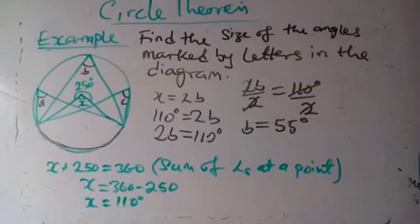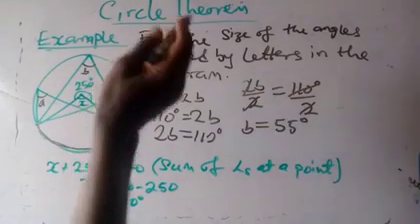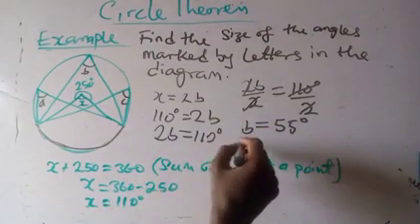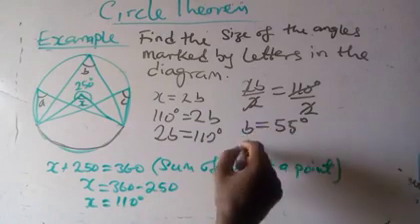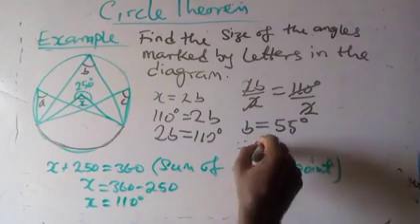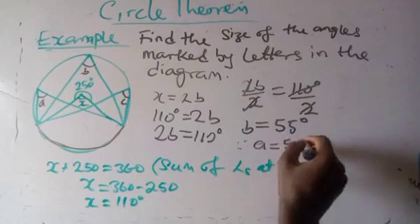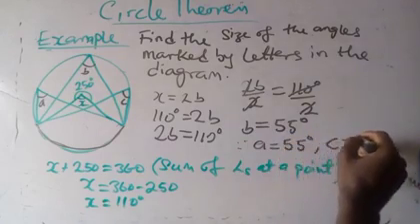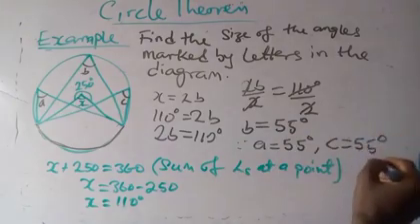So if we go by the theorem that says angles in the same segment are equal, if b is 55 degrees, then a is equal to 55 degrees and c is equal to 55 degrees.